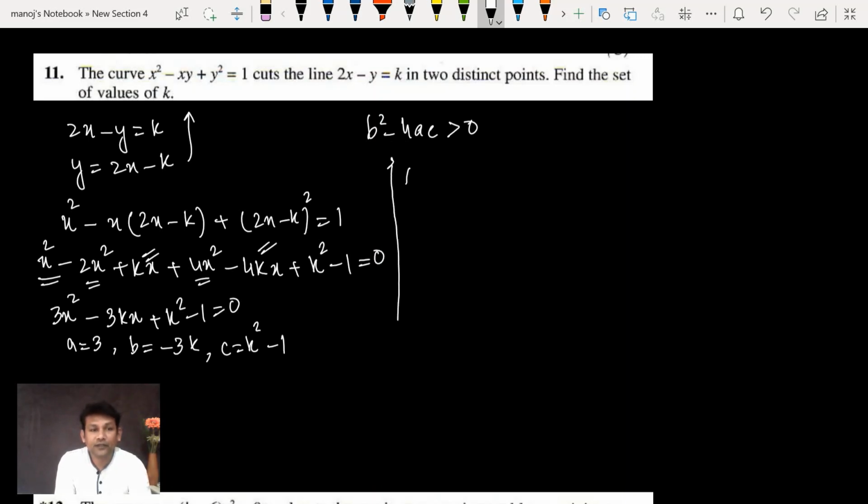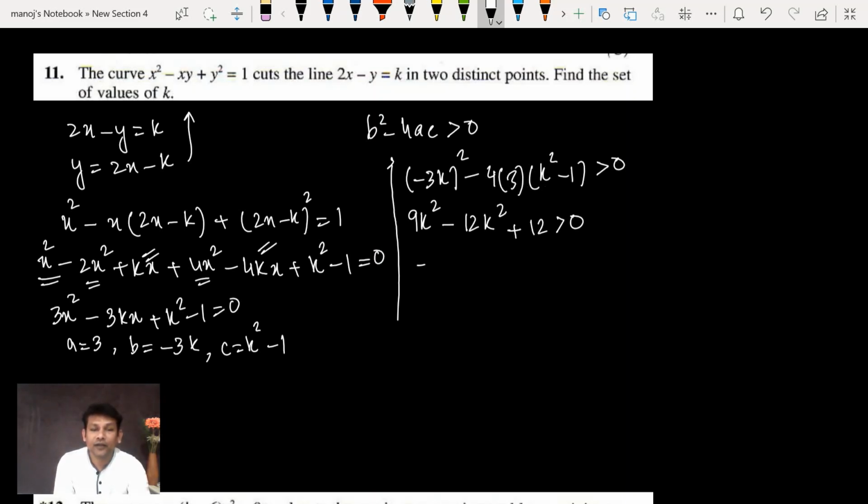Okay, b square is minus 3k the whole square, minus 4 times a, which is 3, times c, which is k square minus 1, and greater than 0 because of two distinct points. 9k square minus 12k square, and minus minus is plus 12, greater than 0.